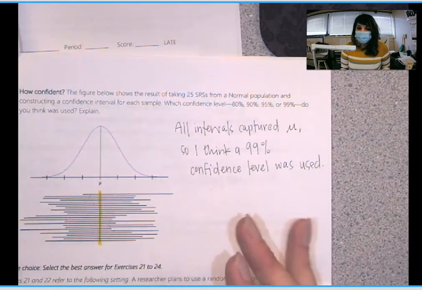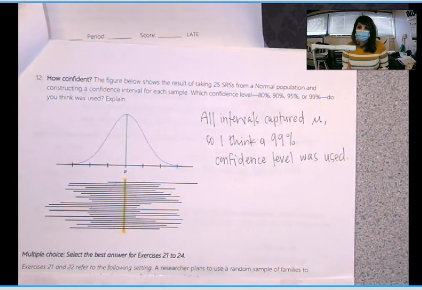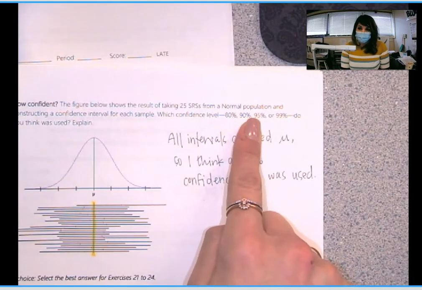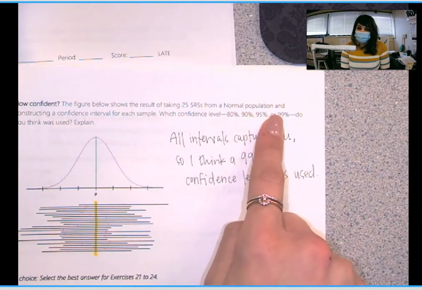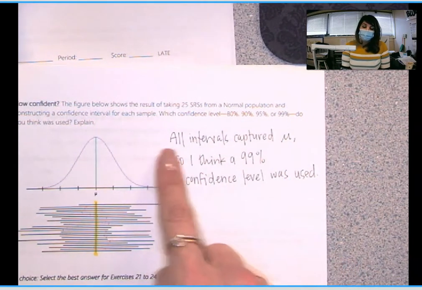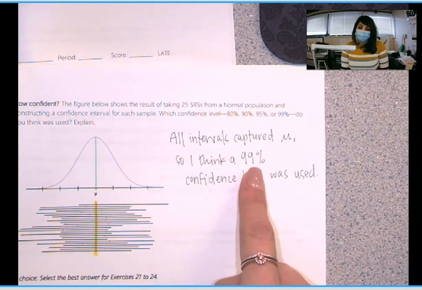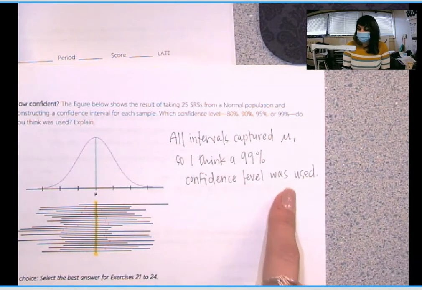So that means 100% of my confidence intervals captured true mu. Well, we don't have a 100% confidence interval. The closest to that is 99. So I'm saying all intervals captured mu, so I think a 99% confidence interval was used.